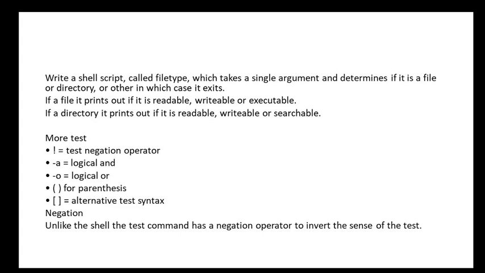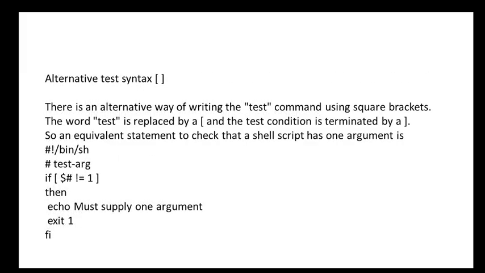The square brackets are used as an alternative test syntax, that is, instead of the keyword test we can use the square brackets with the spaces. Negation: unlike the shell, the test command has the negation operator to invert the sense of the test. The alternative test syntax.